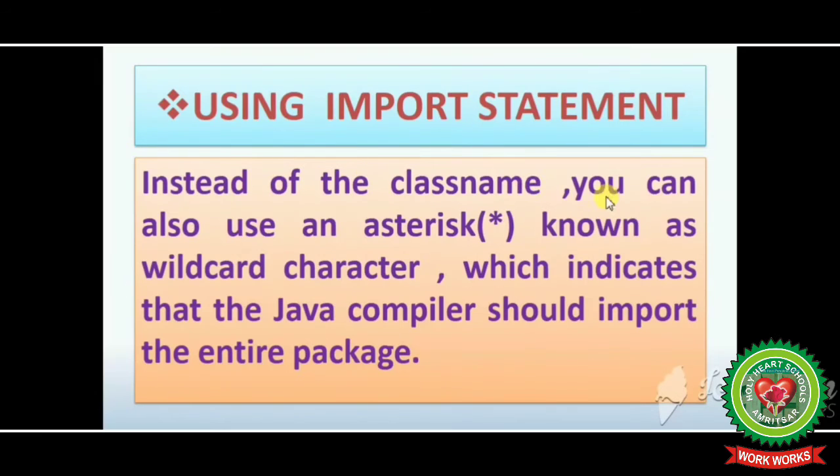Instead of the class name, you can also use an asterisk, known as the wildcard character, which indicates that the Java compiler should import the entire package. Means instead of writing dot class name, we can put the asterisk sign so that the compiler will include the entire package in the program.